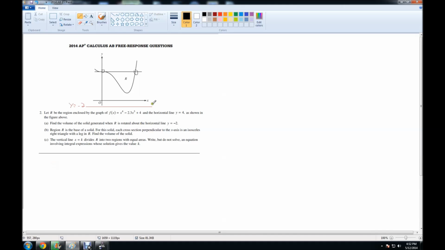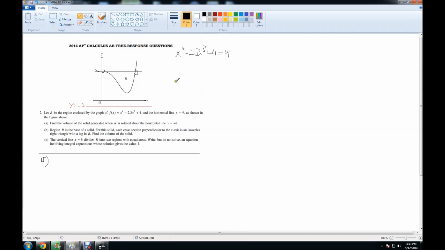So let's do this for part A. Let's write it up here. x to the power of 4 minus 2.3 x cubed plus 4 is equal to 4. Subtracting 4, we're setting them equal to each other so that we can subtract from one side, set equal to 0, that way we can graph it and find zeros.